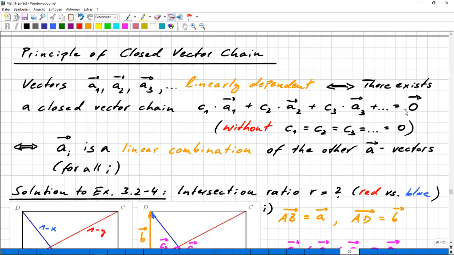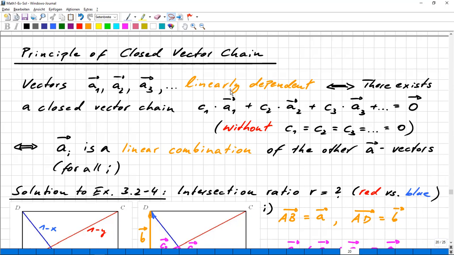Now, it's important that this is possible without setting all these scaling factors, c1, c2, c3, and so on, equal to 0. In other words, it means that you have a visible closed vector chain, which you could visualize like, for example, a triangle built by the use of vectors.